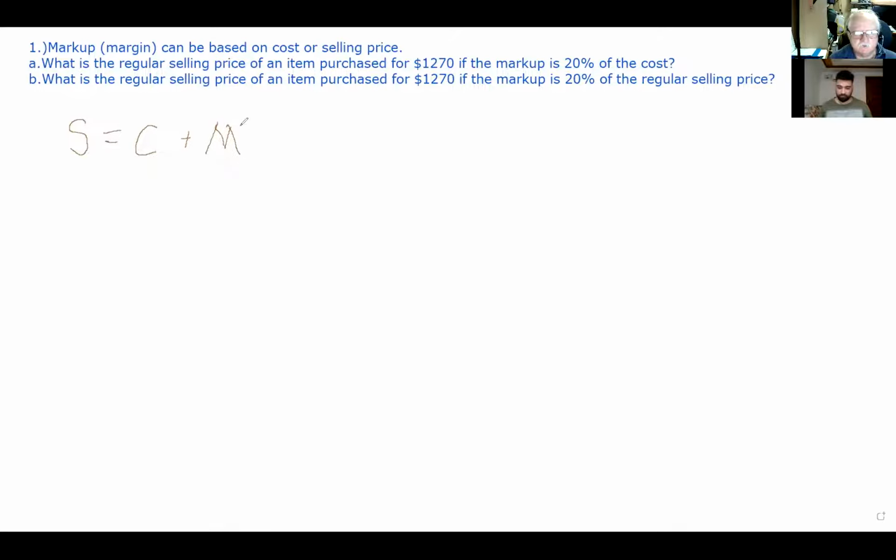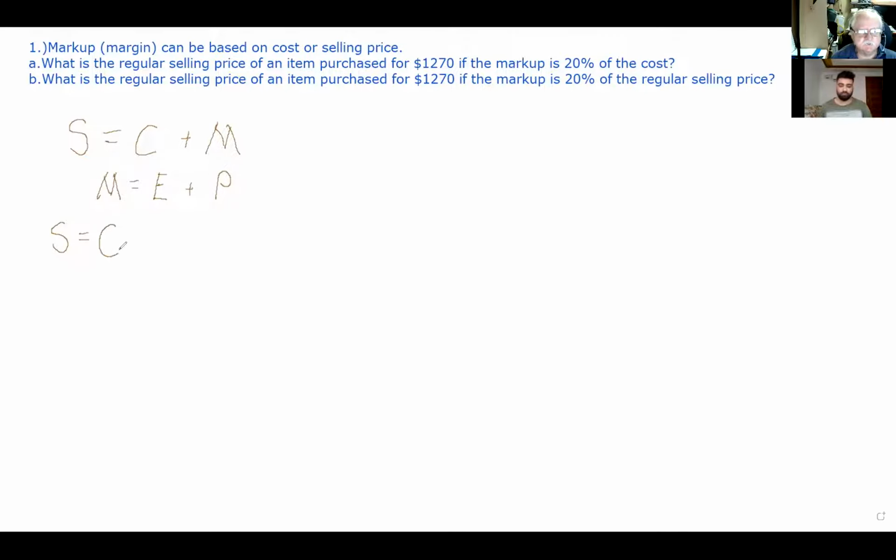And then they're going to go into greater detail with this concept of markup. They're going to tell us the markup is equal to the expenses and the profit. So they're going to roll this back into here and give us this equation.